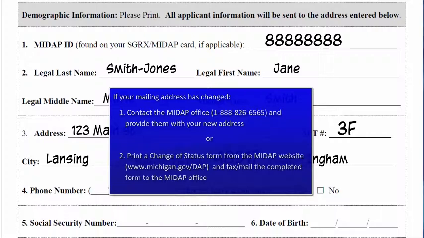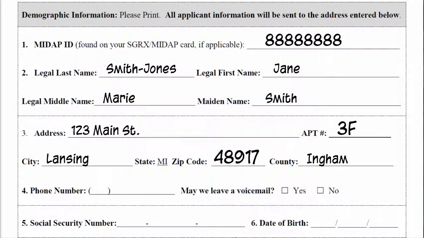Fill out a change of status form, which can be found on the MyDAP website at www.michigan.gov/DAP. Then mail or fax the form to the MyDAP office. It is very important that you do this, otherwise you could miss important information about your coverage or deadlines for submitting information.